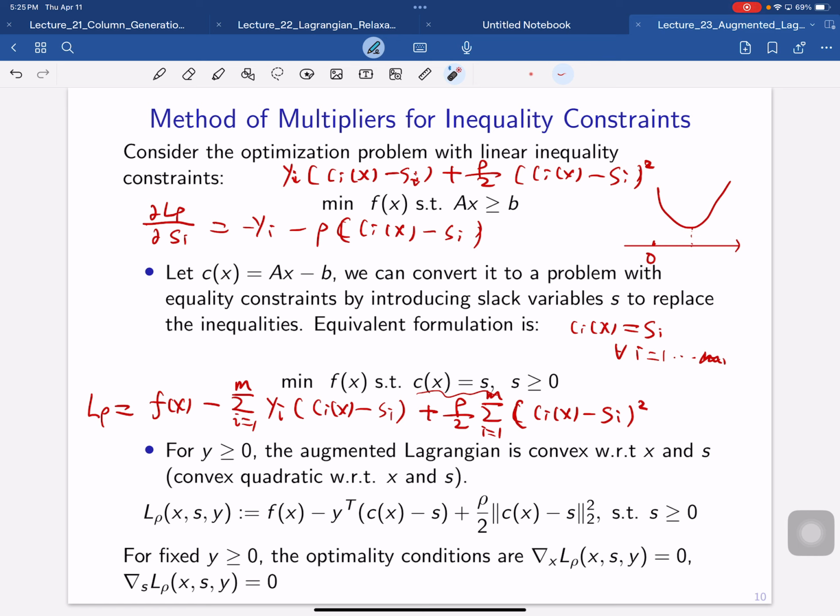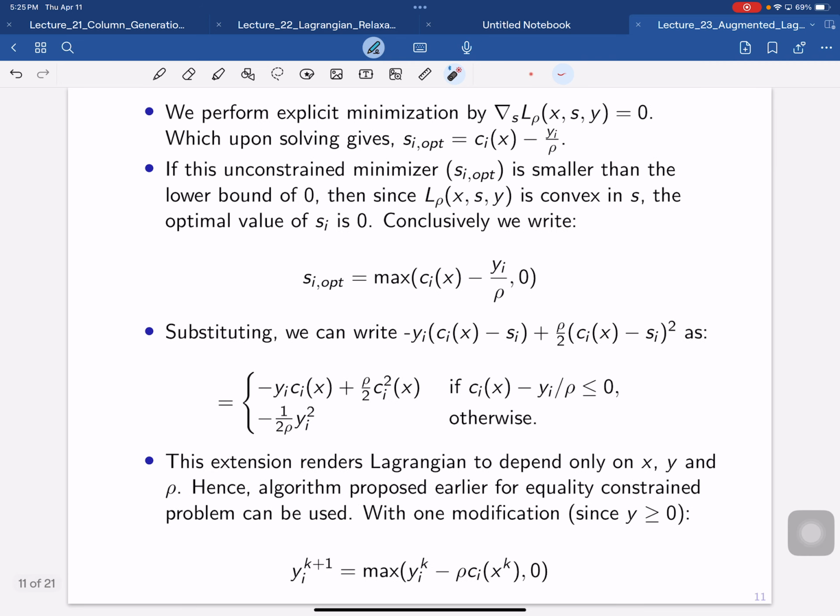However, in the other case, if you have the minimum here, but 0 is here, then the minimum of this function is obtained at 0, because s must be greater than or equal to 0. You cannot obtain the minimum at less than 0. Then the minimum is just 0. This is a very simple thing. Basically, that summarizes what I have said.